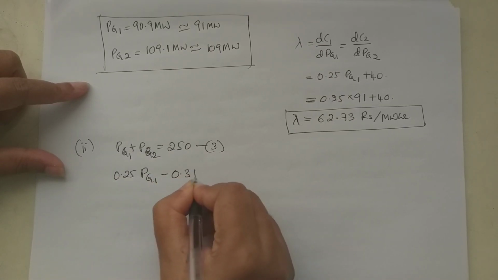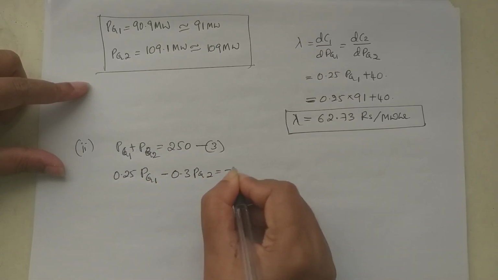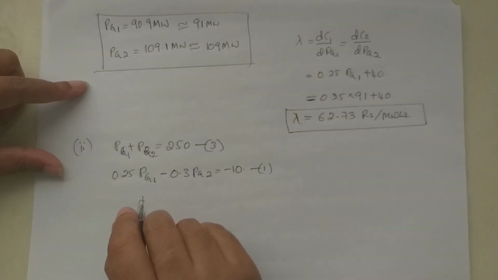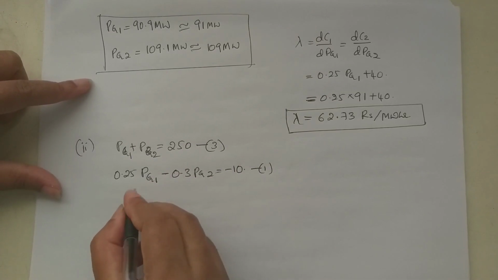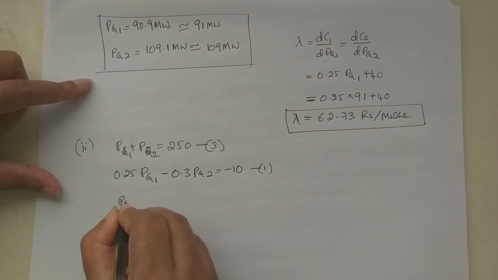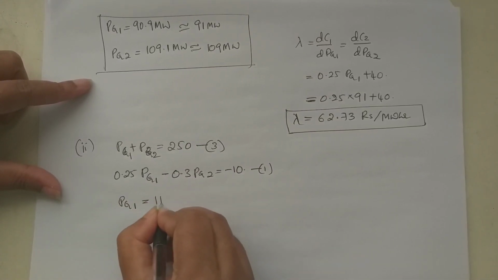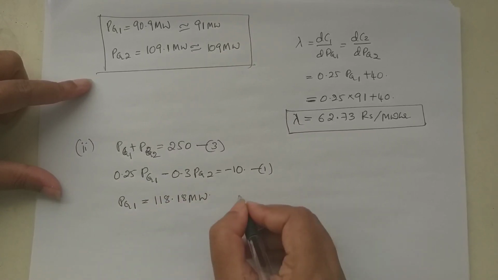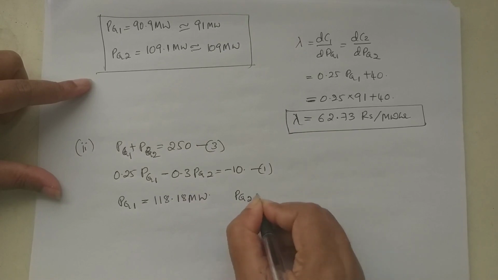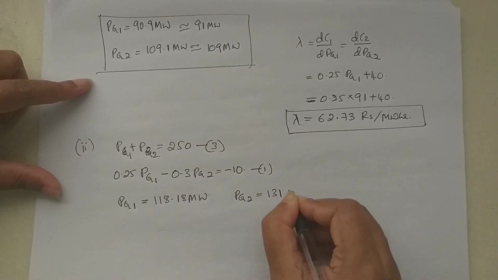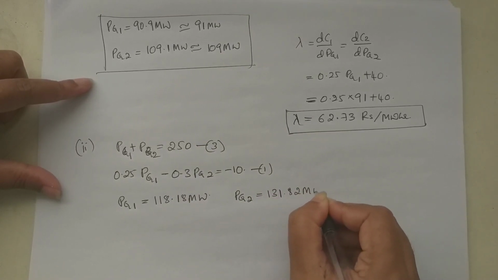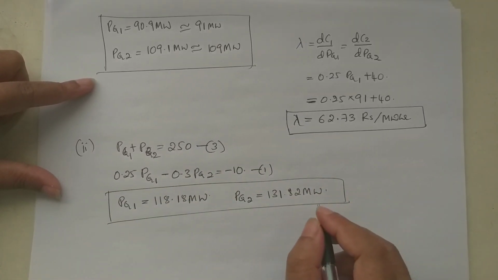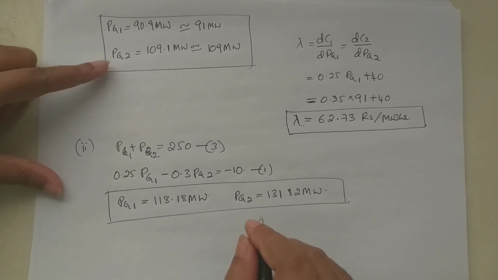Solving both equations, we get Pg1 equal to 118.18 megawatt and Pg2 equal to 131.82 megawatt. But it is given there is an equal distribution of the load.